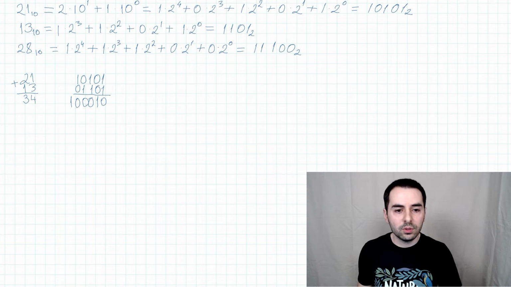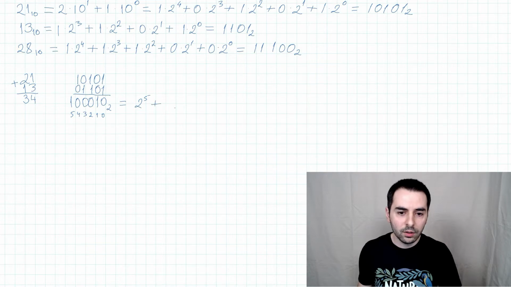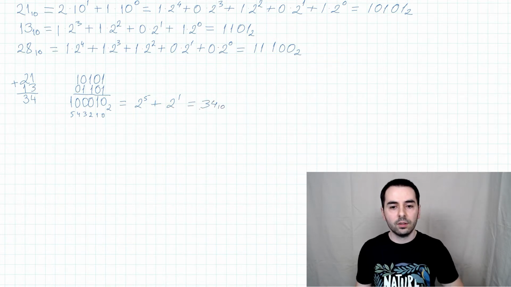If we try to translate this, this is position 0, 1, 2, 3, 4, 5. So this is in binary, and this equals 2 to the power of 5 plus 2 to the power of 1, which is 34. So everything looks good so far.